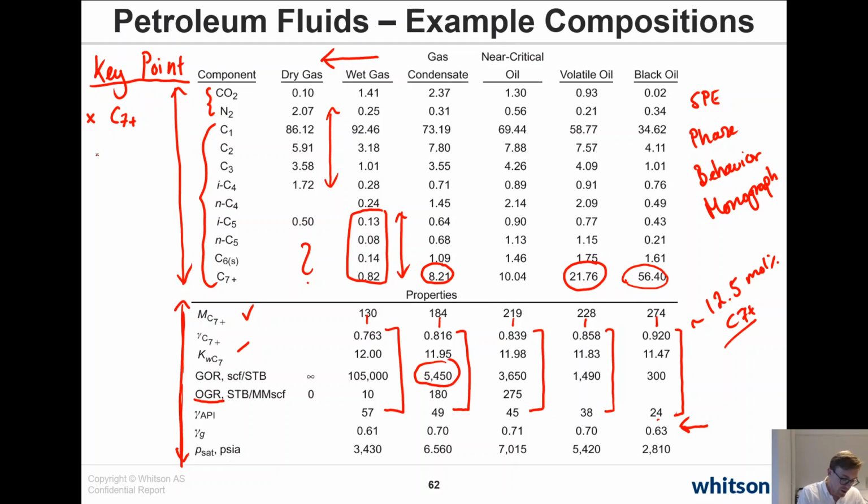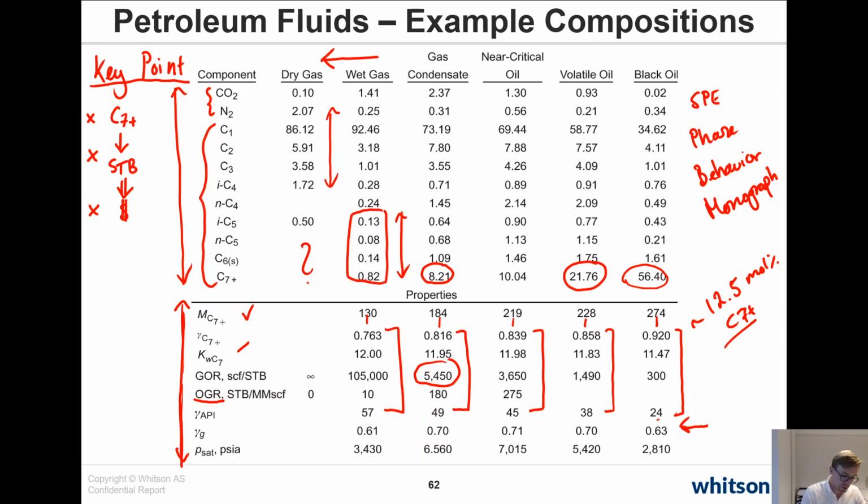We also know that C7 plus components, or components close to C7 plus and higher, is what actually translates into stock tank barrels. Stock tank barrels is again what translates into money, which is how we develop oil and gas resources.